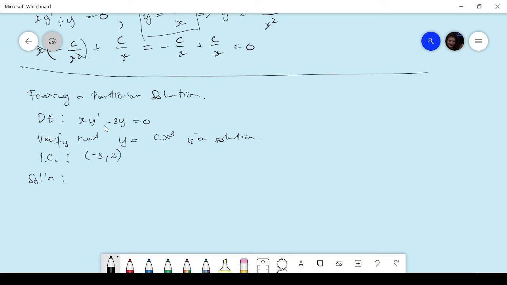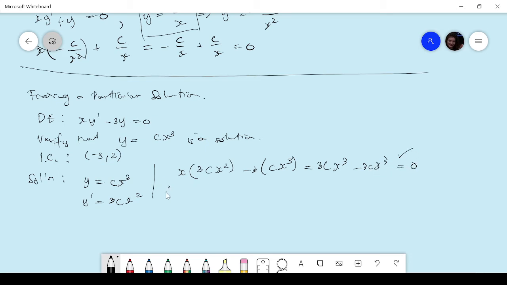This is a first order linear dE, so just take the first derivative of the given function. So y = cx^3, y' is equal to 3cx^2. Then x times y' minus 3 times y is 3cx^3 minus 3cx^3, which is equal to 0.